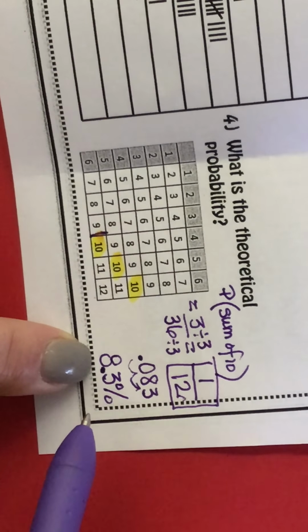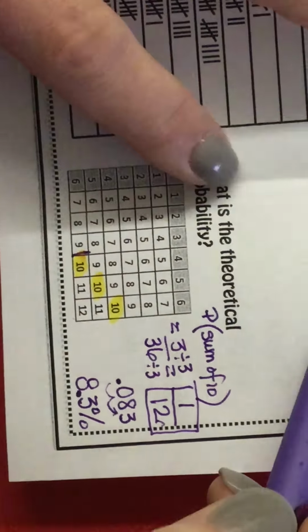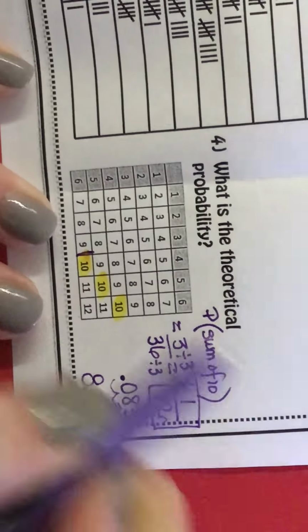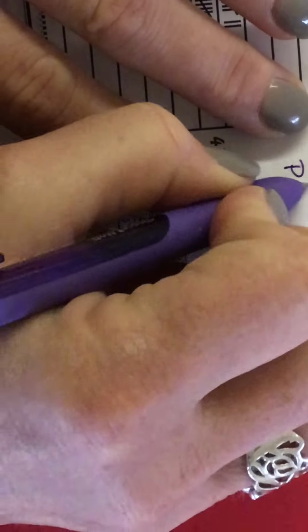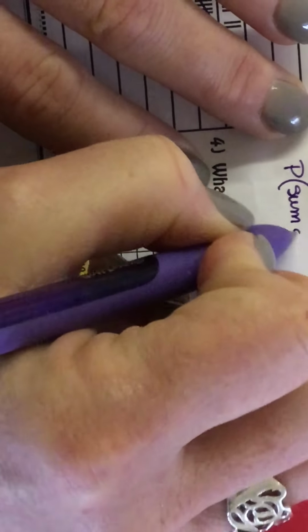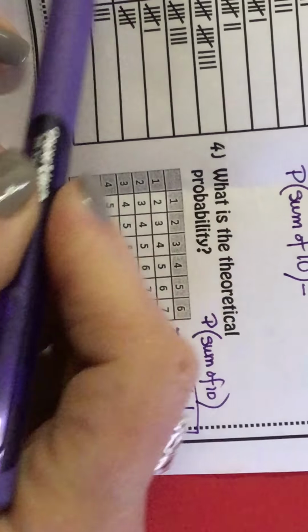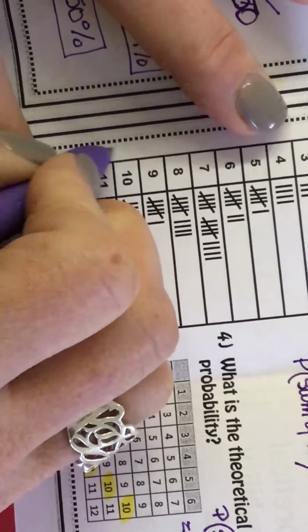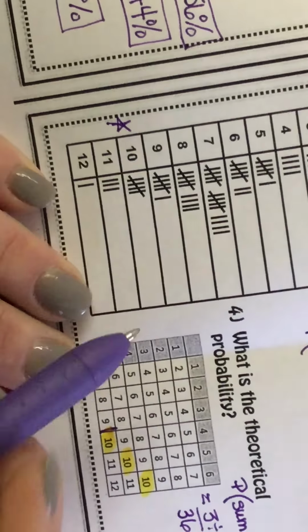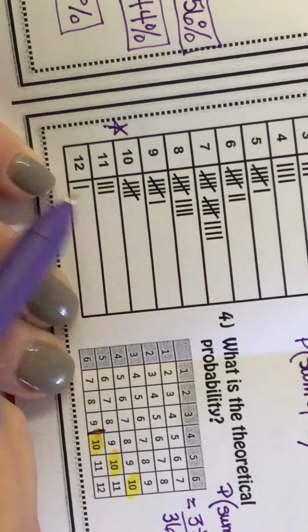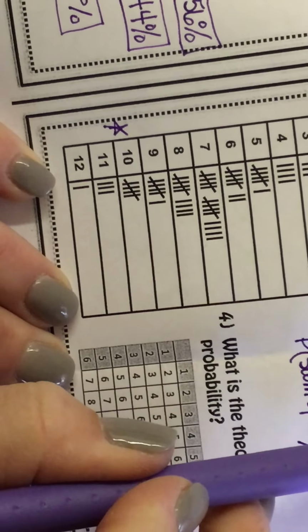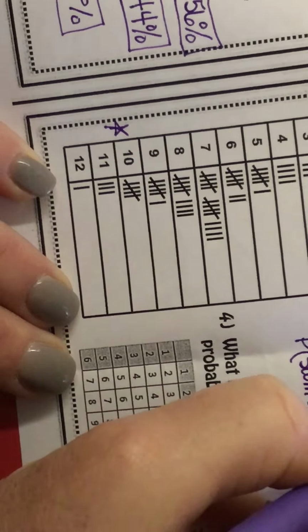Okay? All right. Now, what is the experimental probability? So we want the probability of the sum of 10. And we look over here, this is actually what happened. Okay? So how many times did we roll it? We did the dice 60 times.